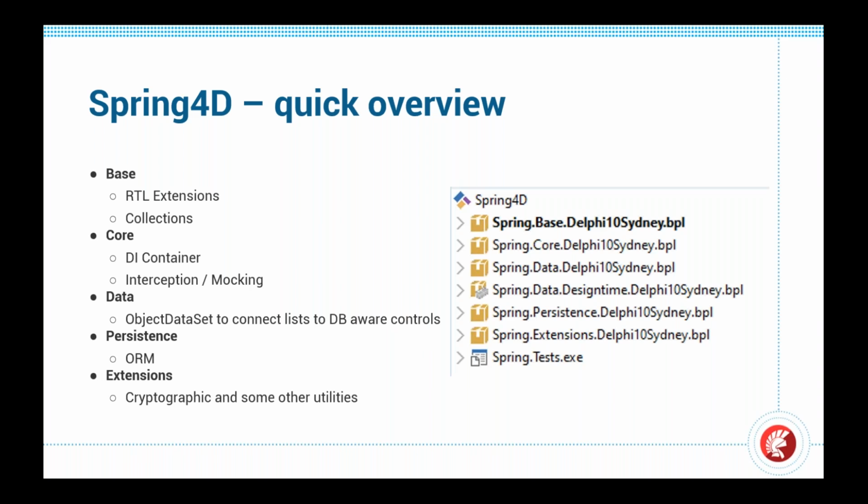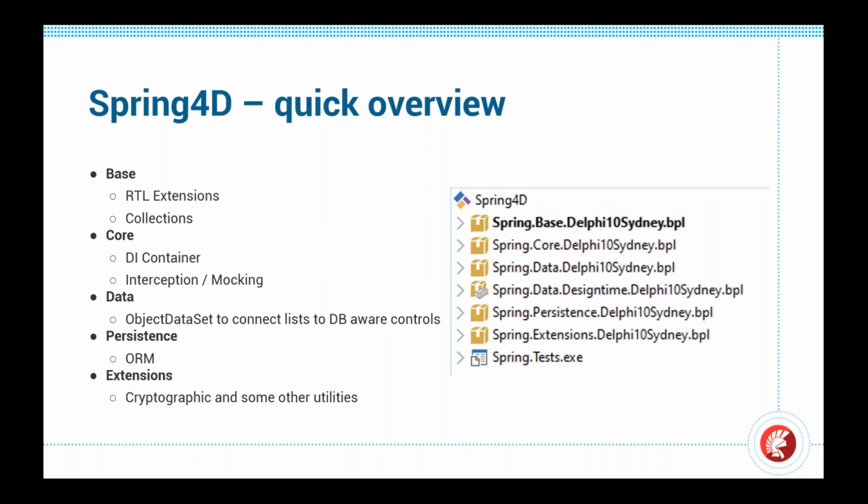Then we have the data package, which just hosts an object dataset, which is the only component you might install in the IDE and drag and drop on your form or data module. It is a component to connect the interface-based collections of Spring4D to some data-aware controls like a TDBGrid.